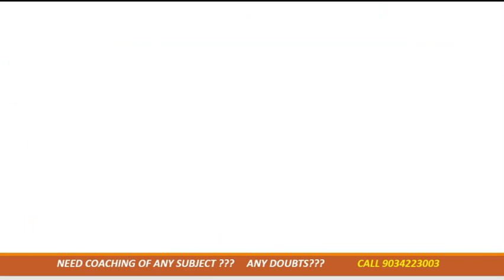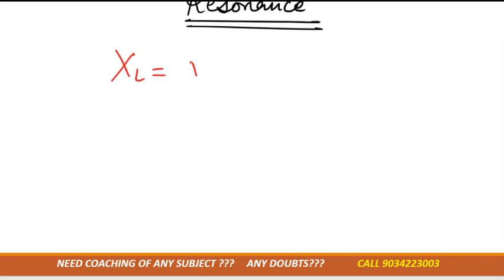Next is the case of resonance. We have one condition for resonance. What is the condition for resonance? XL must be equal to XC. XL is equal to 2 pi FR L, because in the case of resonance the resonant frequency is different.